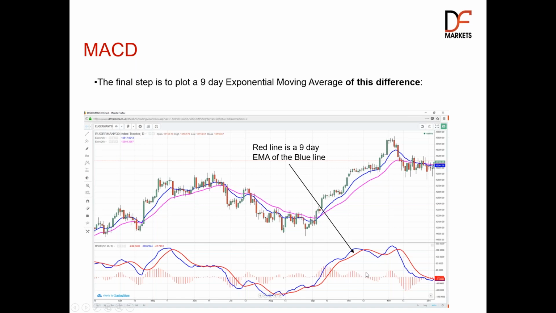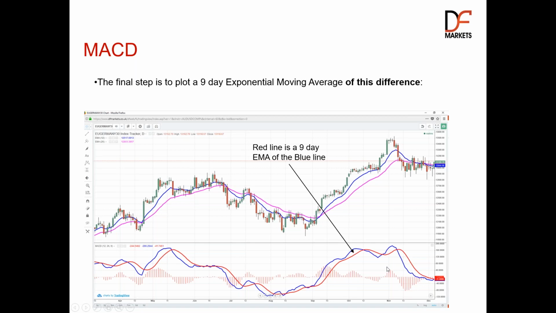Okay. There is one little bit of extra information on the TradingView charts that are supplied through the DF Markets platform, and that is this small red histogram, which is another graphical illustration of the distance between these two lines.